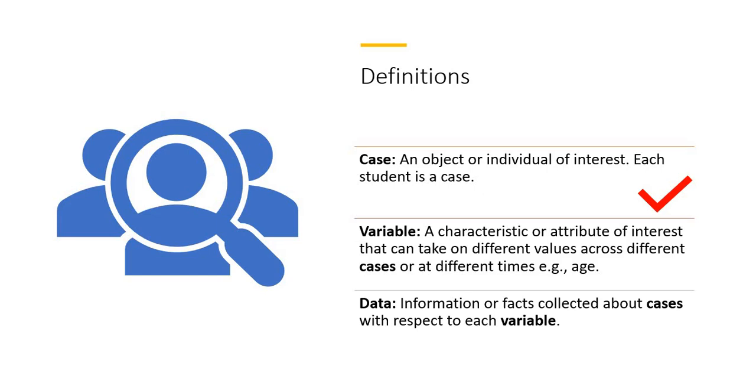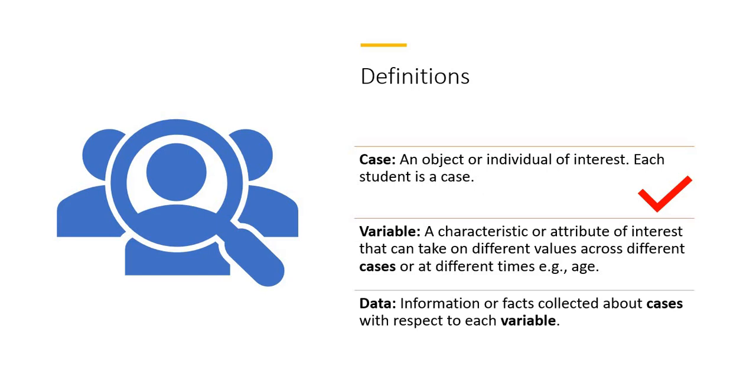So a variable is a characteristic or attribute of interest that can take different values across different cases or different times. Okay. Variable is something which can have a different value in every case.